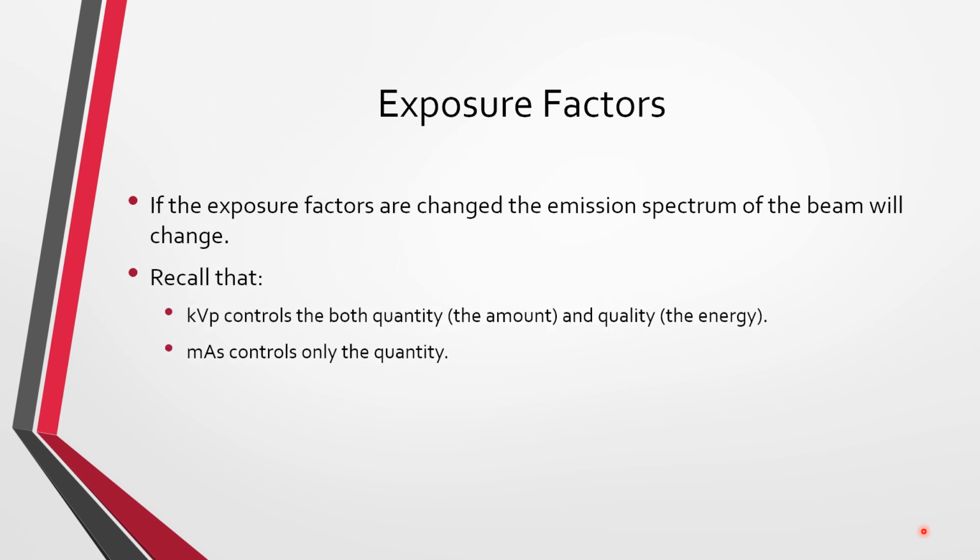We call that kVp controls the quantity, which is the amount, and the quality. kVp is the only controller of the quality, the energy, of the X-ray. But it also has an effect on the quantity, the amount of X-rays produced, and we'll see how that happens here. mAs controls only the quantity. So mAs only changes the quantity, while kVp can change the quantity and the quality.